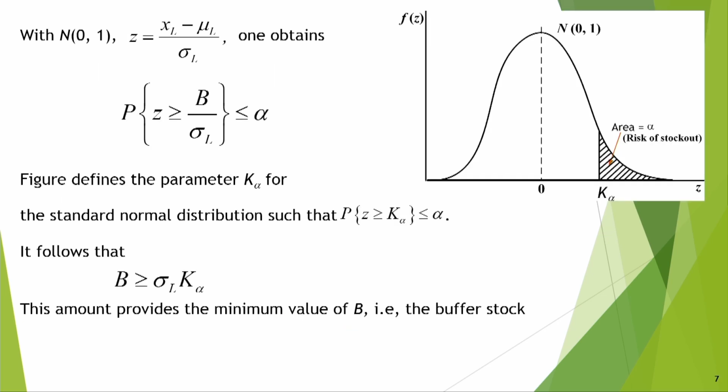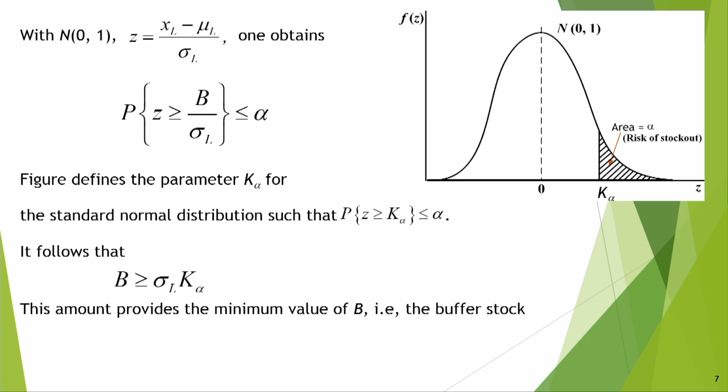Now we can of course normalize the normal distribution. We can keep the mean at 0 and standard deviation as 1. In that form we can express it as N(0,1), and Z can be written as Z equal to XL minus mu L divided by sigma L. So we do the transformation of variables and we use the Z parameter.